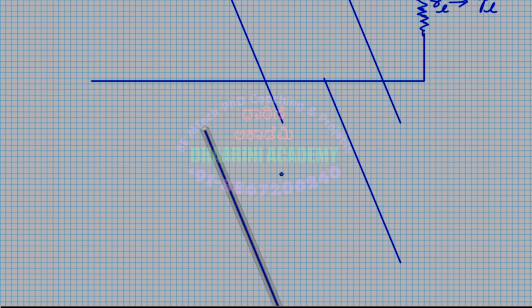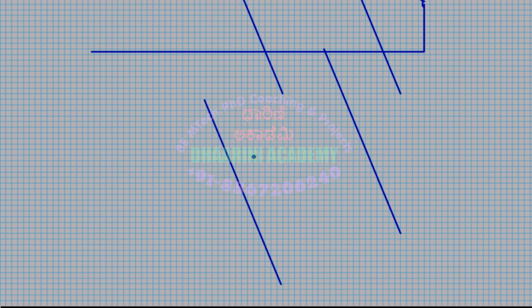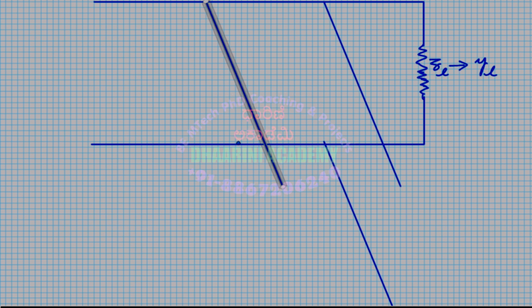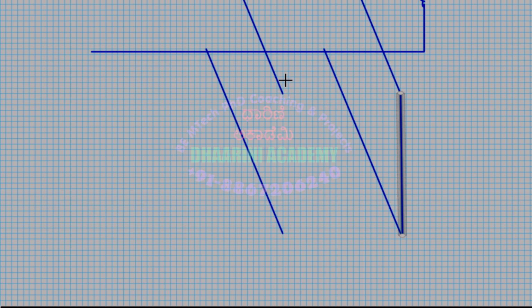Maybe I'm connecting here. Okay, so that is getting connected to this point. Okay, so we have two stubs to be connected. Now there are two types of problems available that might come. Okay, so I will discuss about both the types.